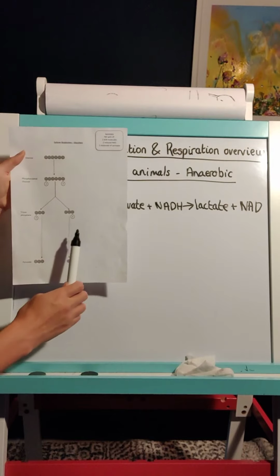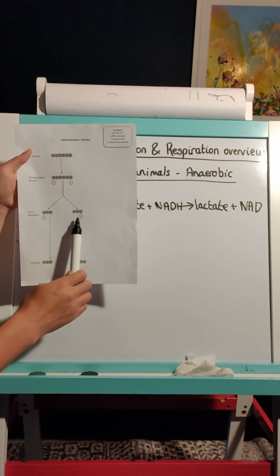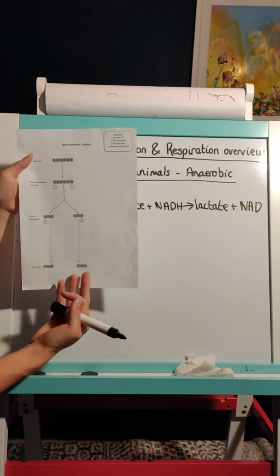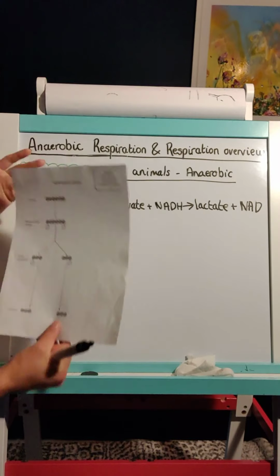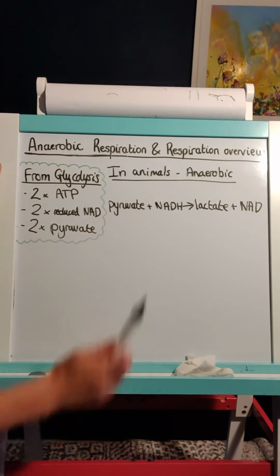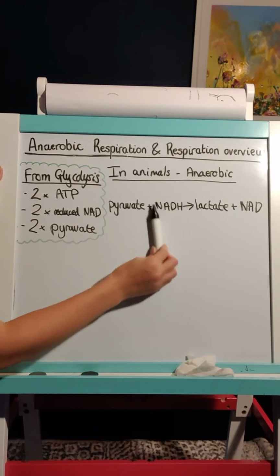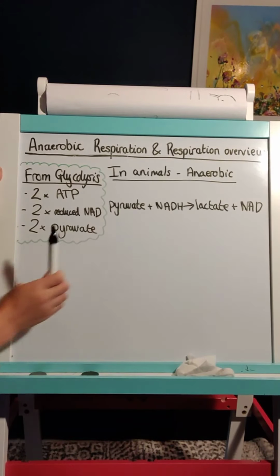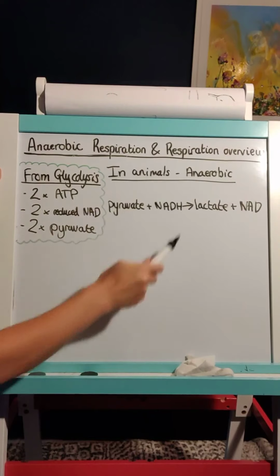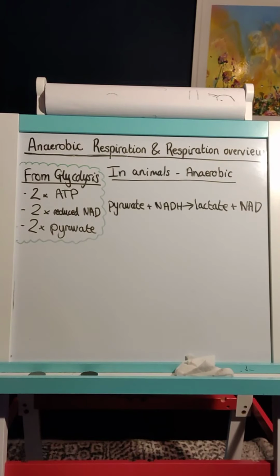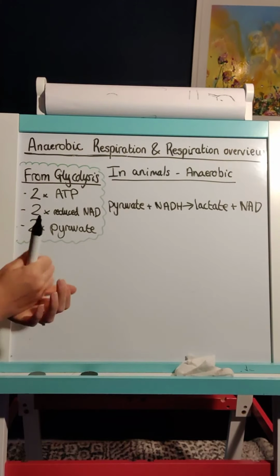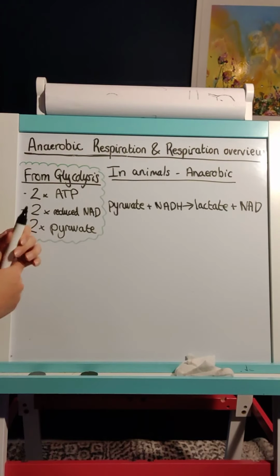Obviously that NAD does get reduced, but it must oxidize an intermediate here to allow this process to take place. So it is important. So the pyruvate gets converted to lactate and the NADH gets converted to NAD, and that allows glycolysis to continue.